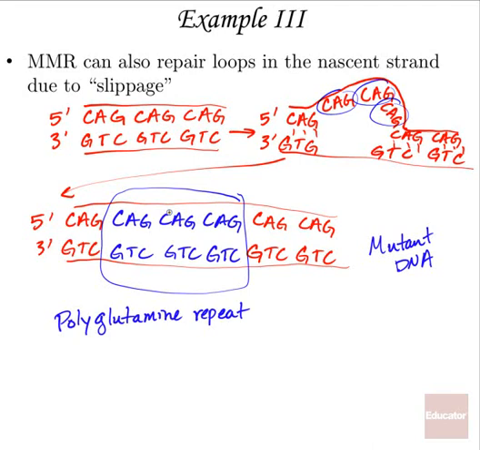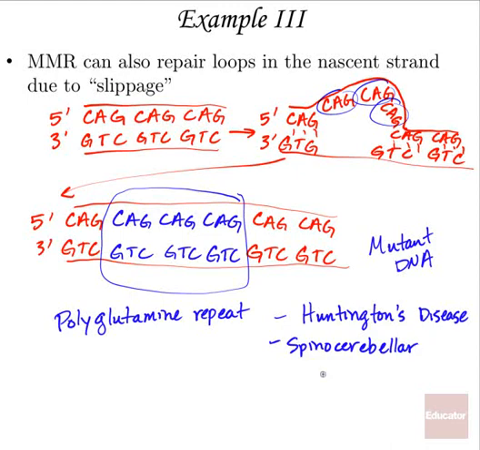A couple of those are Huntington's disease, as well as spinocerebellar ataxia. Actually, 8 different types of that.